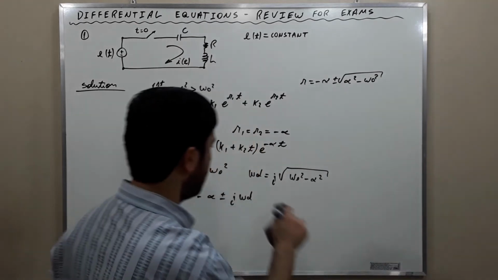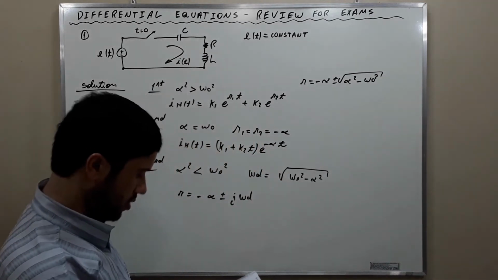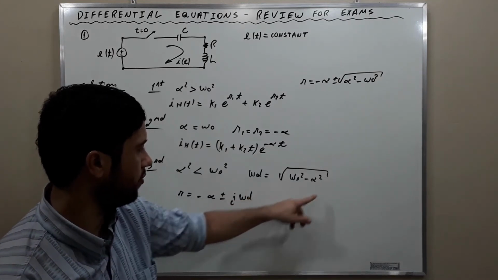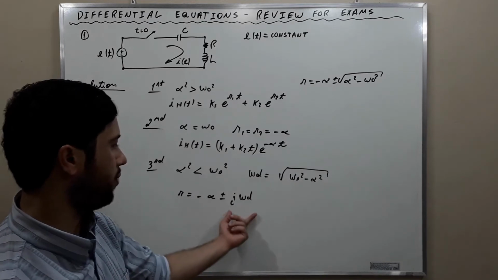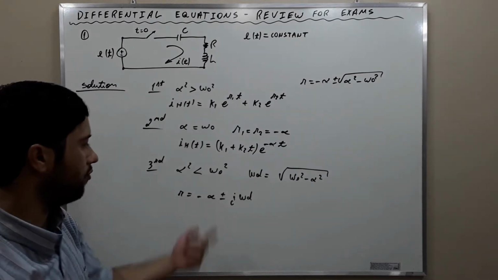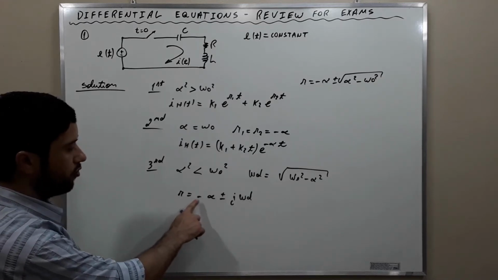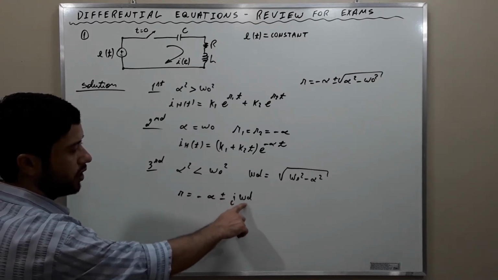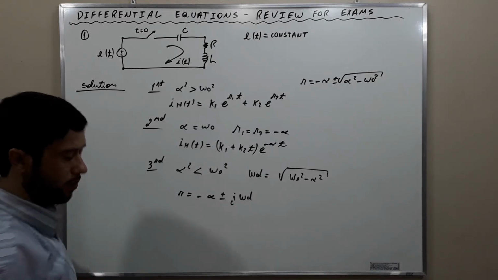Here, this j does not exist inside WD. WD is this, and jWD is this part, the imaginary part, and alpha is the real part. We have one root, which is negative alpha plus jWD, and the second root, minus alpha minus jWD.